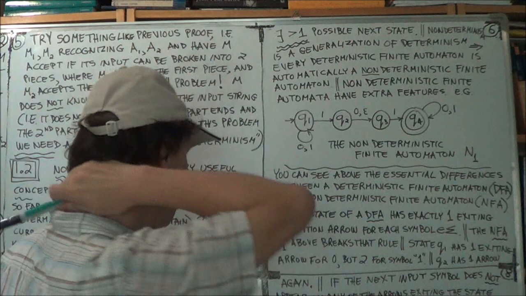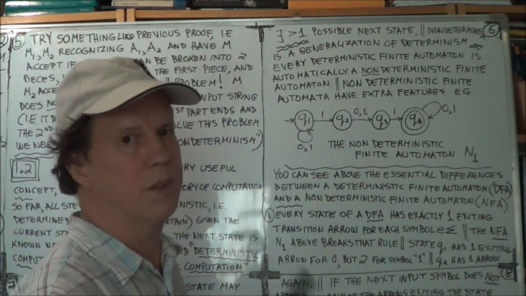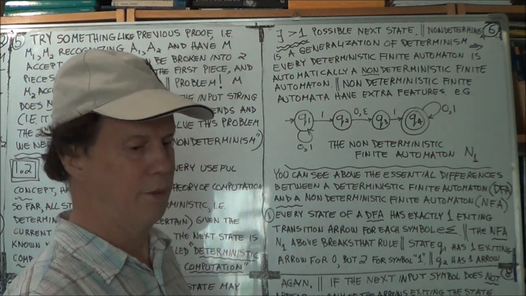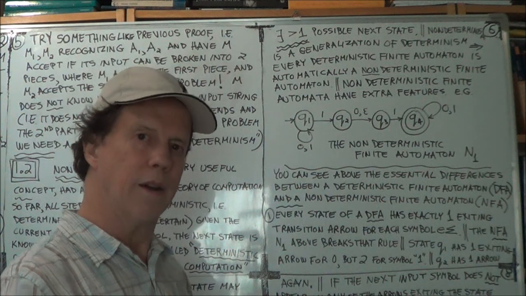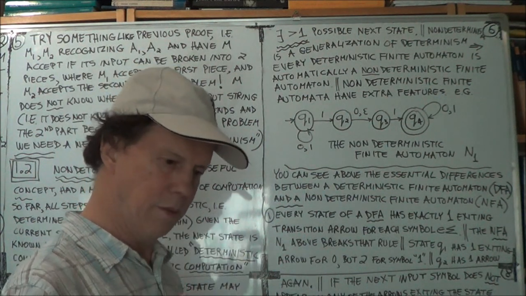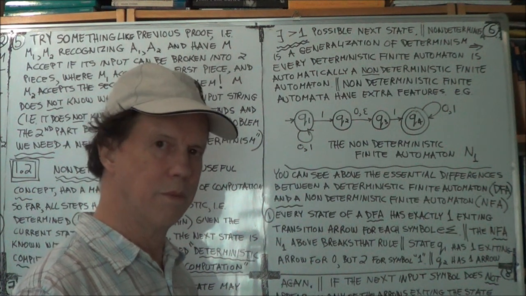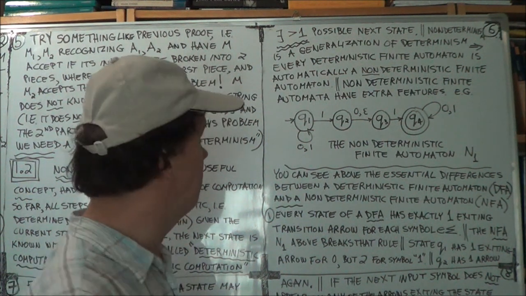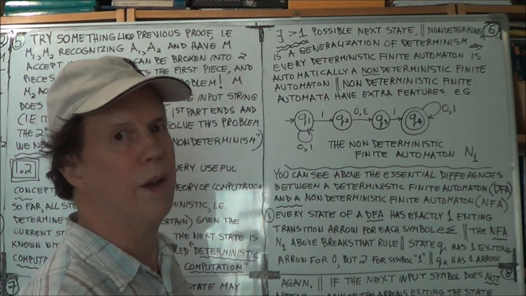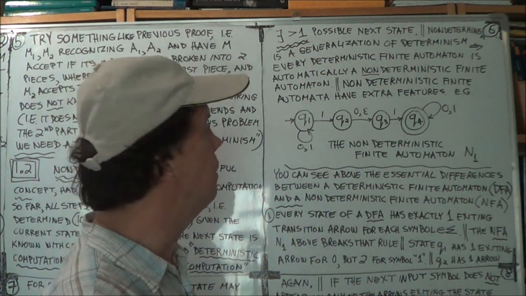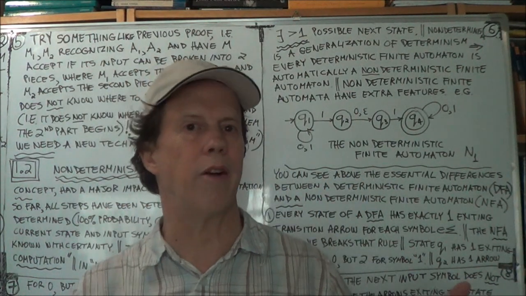With a DFA, you have to have an exiting arrow for every pair of current state and input symbol. But here, there's a missing arrow for the input symbol 1. So there's something odd here: no arrow labelled 1.